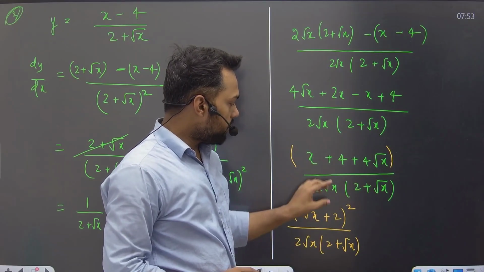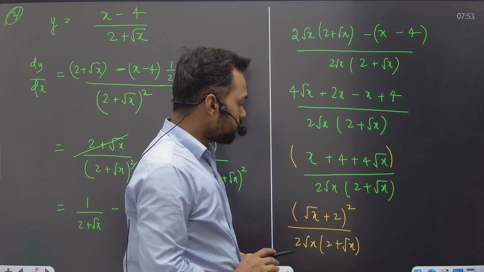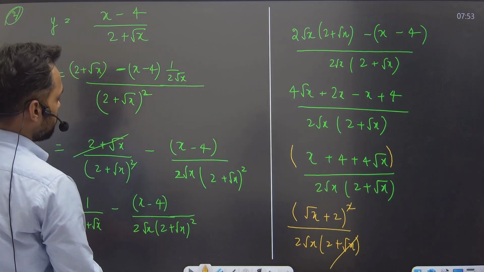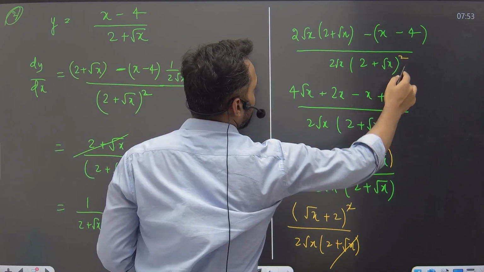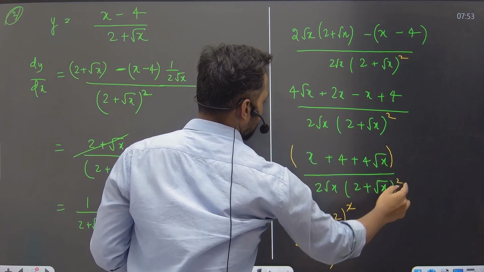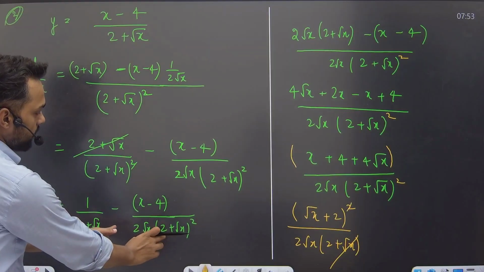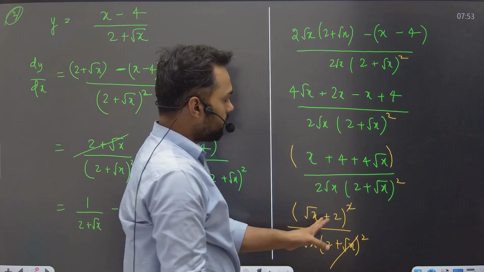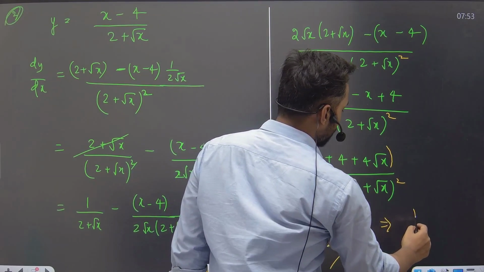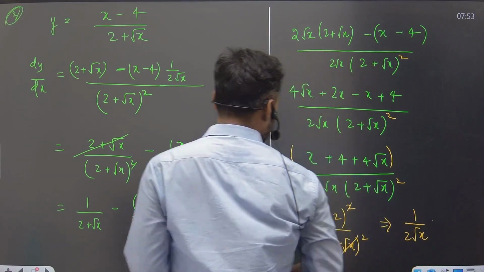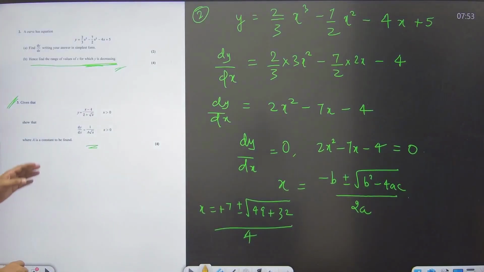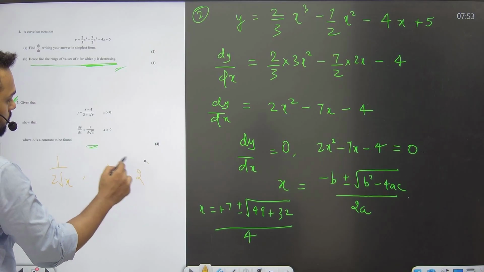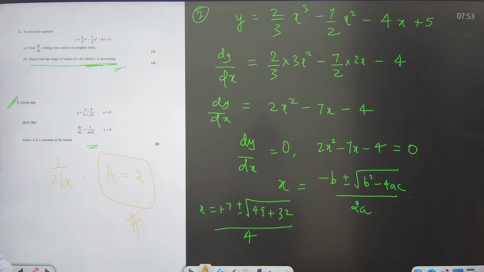So this numerator is the expansion of (root x plus 2) whole square. Now this part and this part got cancelled. The denominator is 2 root x cross (2 plus root x) whole square. So this part and this part will be cancelled. What we are left with is 1 by 2 root x, which they were asking for. So what is a here? 2. This is our solution, students.